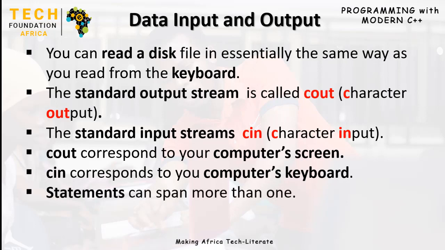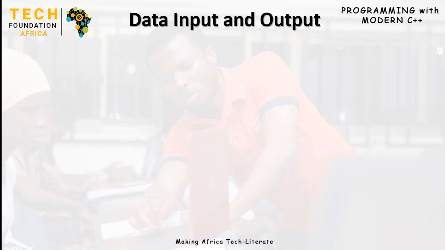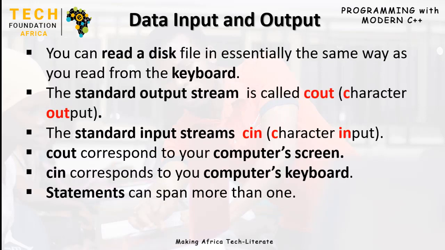Now, you realize that the statement on line 13, you can go back to the code to refer, was spread over multiple lines. So it started from line 11 through line 13. Is that okay? So that is just to show you that it is also possible.